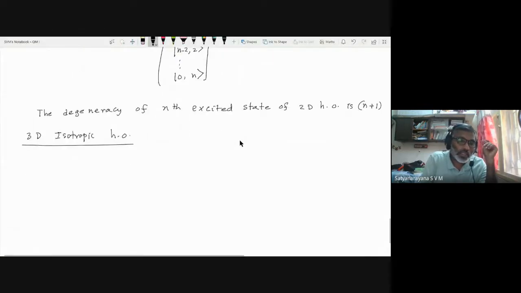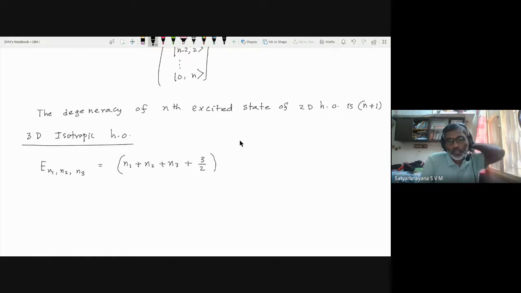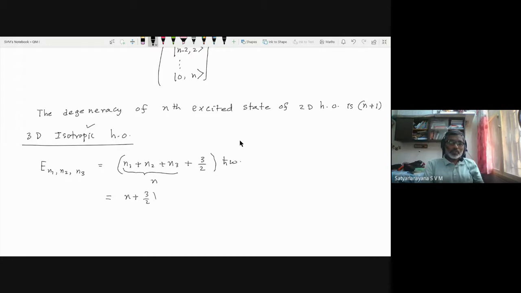So we can say that the energy E(n1, n2, n3) is equal to n1 plus n2 plus n3, plus every one will give you a zero-point energy contribution of half, so 3 halves, into ħω. Remember, we're talking about isotropic. So I may call this sum n, which is equal to n plus 3 by 2 into ħω.